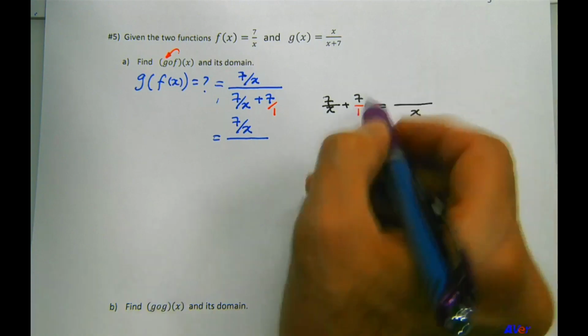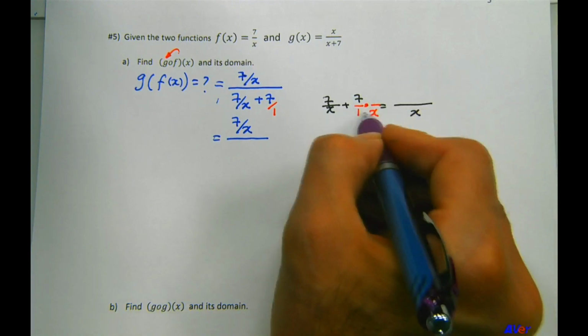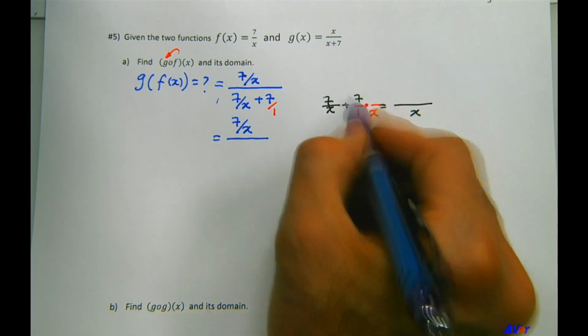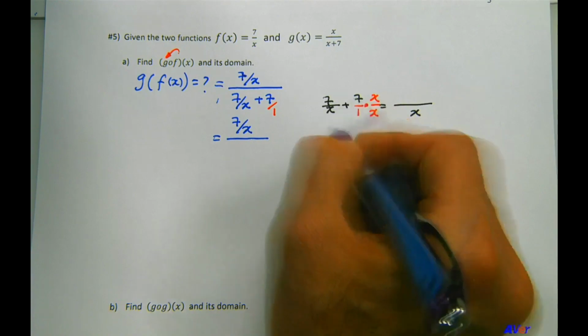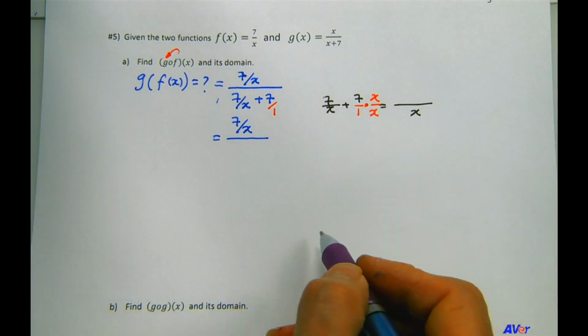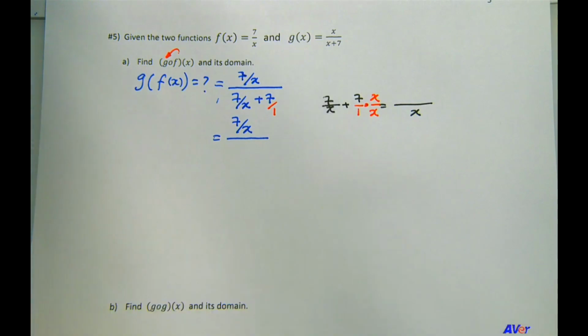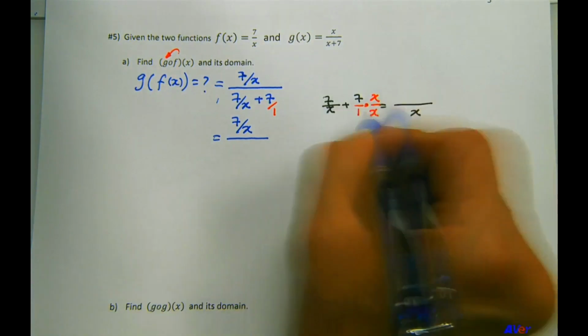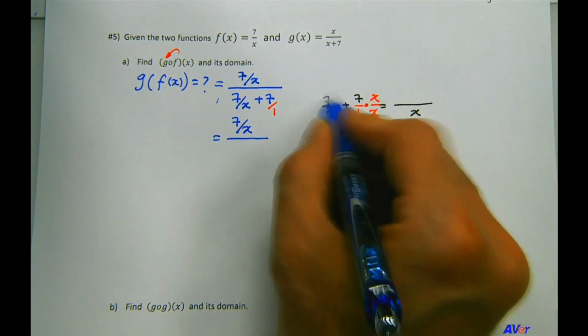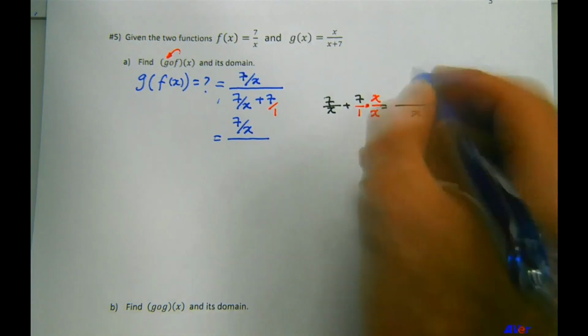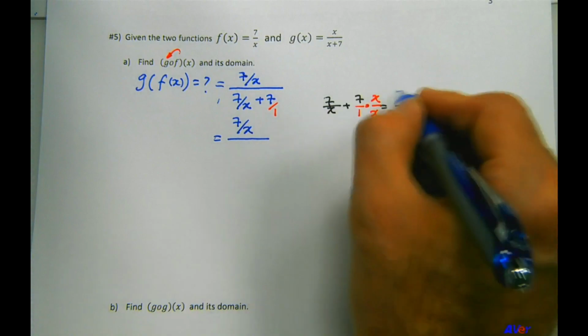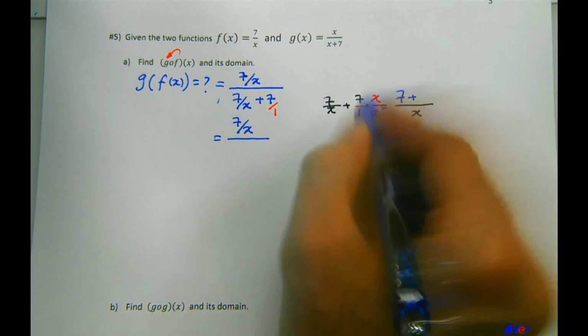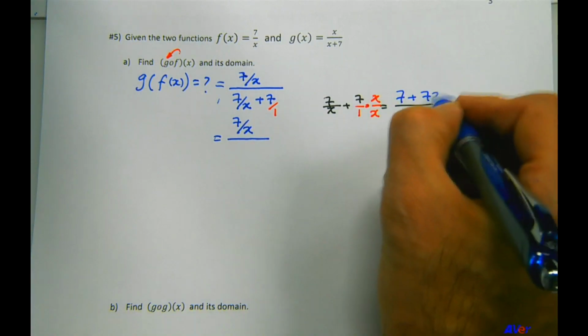But the rule is we can't do this and not do the same thing to the numerator. So we have to multiply the numerator by x as well. Okay, now we're okay. So what do we have? 7 over x. Now that the denominators are common, we can add the numerators. So 7 plus 7 times x is 7x.